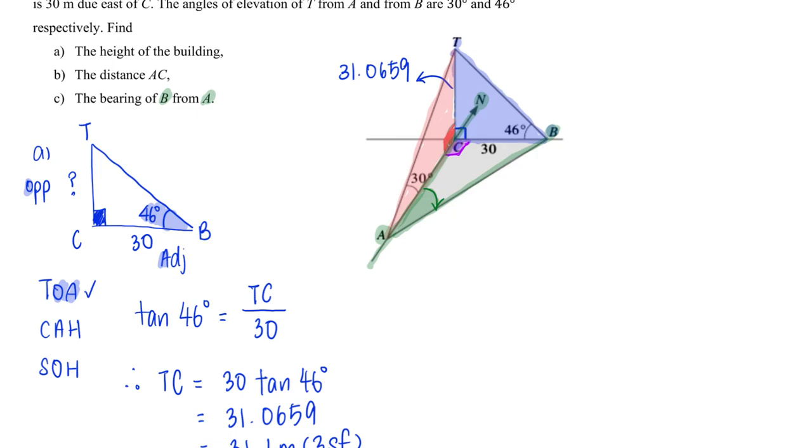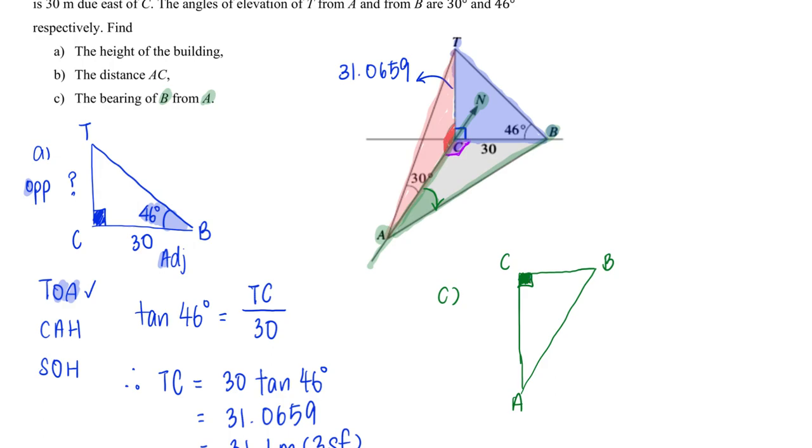We are going to be focusing on the triangle. So for part C, I'm going to draw the sketch of triangle ABC now, which is a right angle triangle.